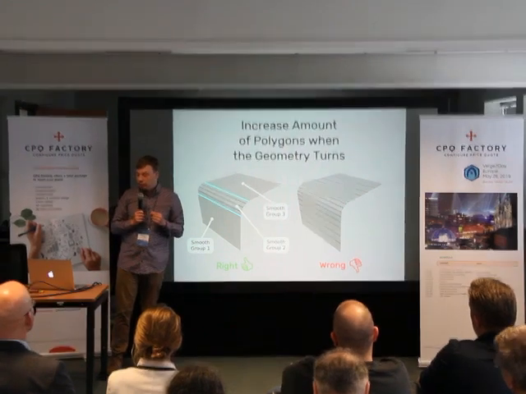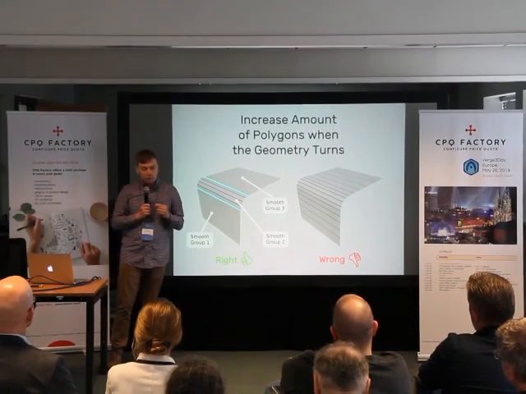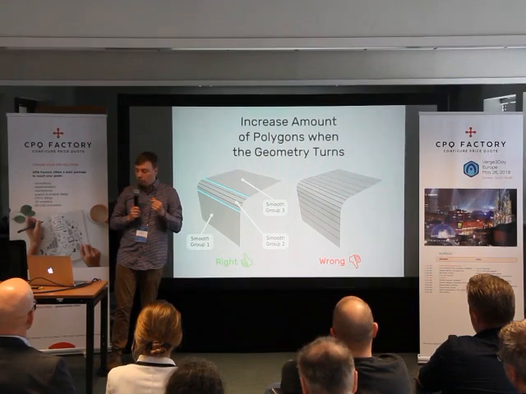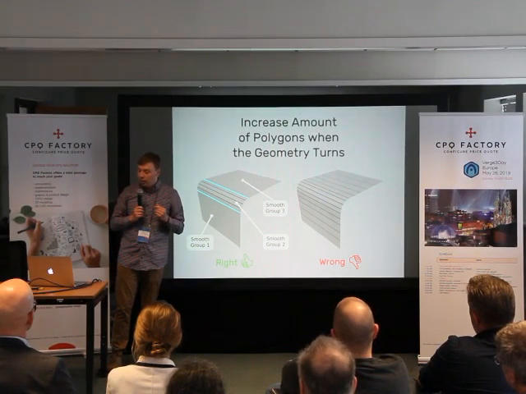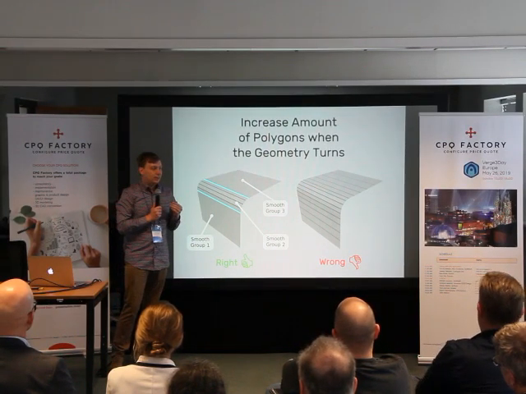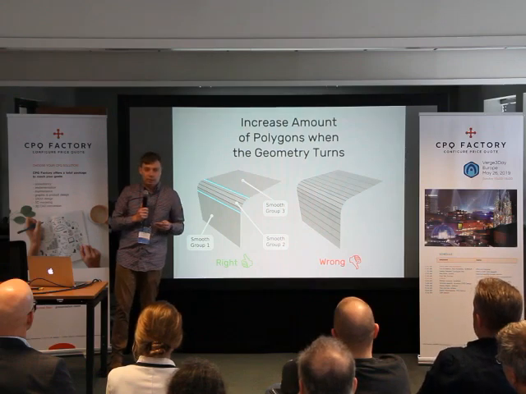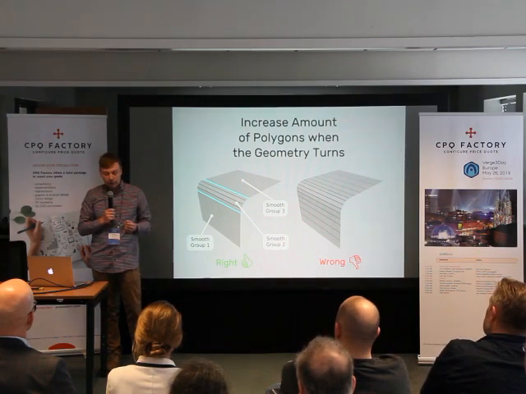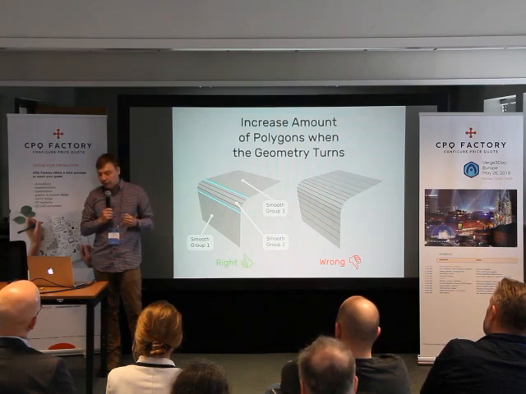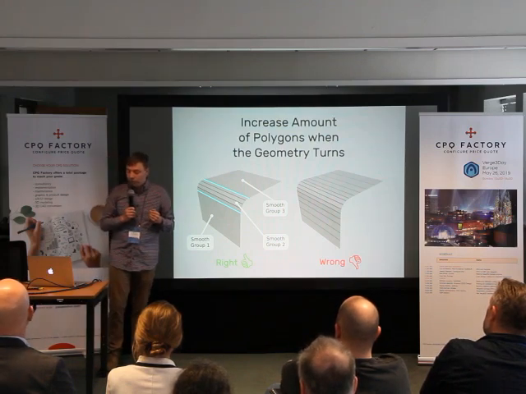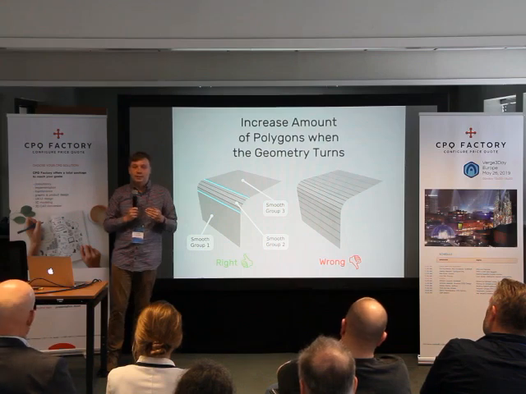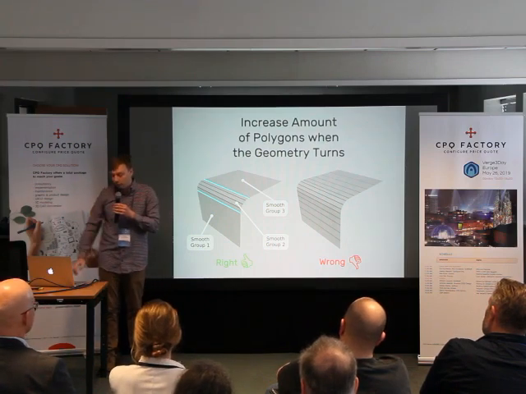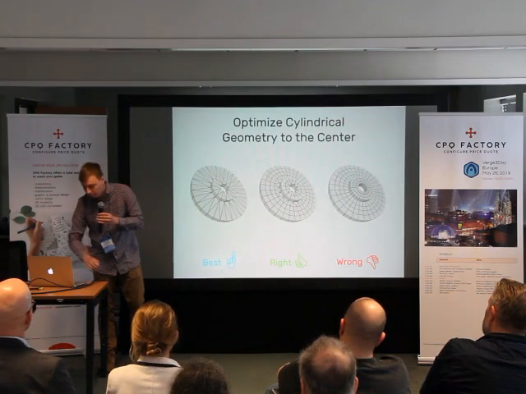From time to time, of course, you need to increase the amount of polygons, especially when the surface turns at a high angle. To get the best result in optimization, it is better to use smooth groups, or in another way to say, split between surfaces, to get a smooth result instead of extremely increasing the amount of polygons on your object.